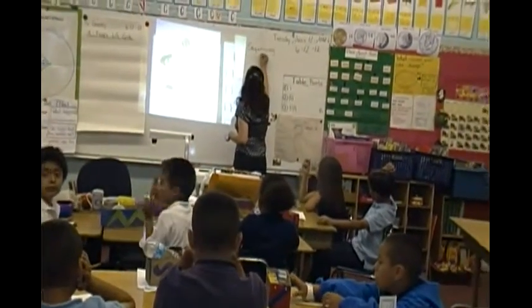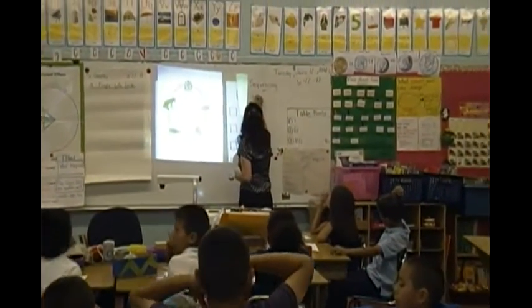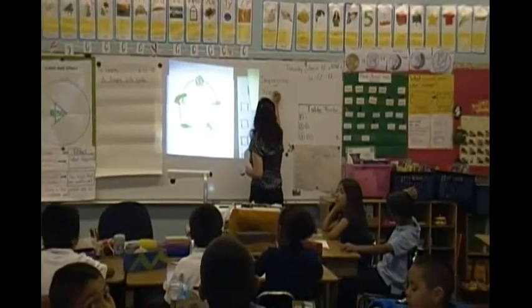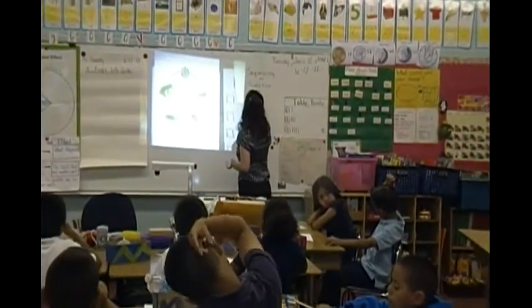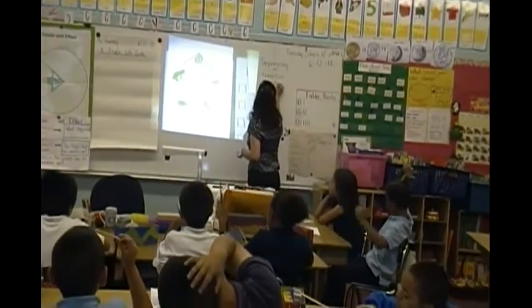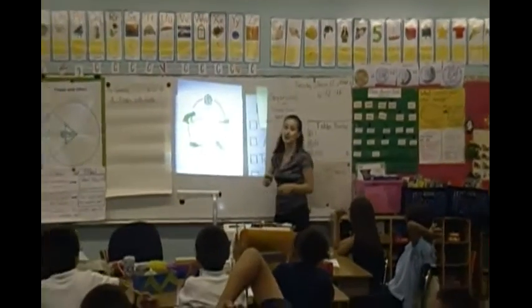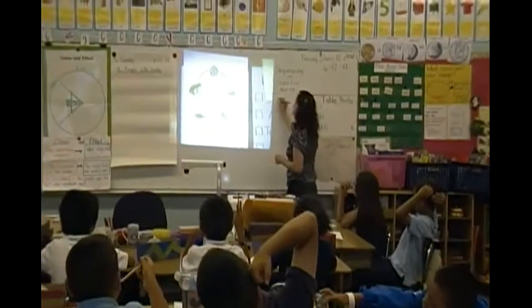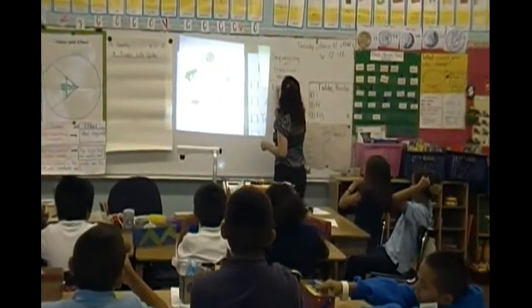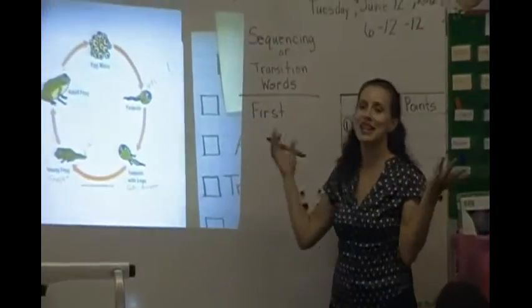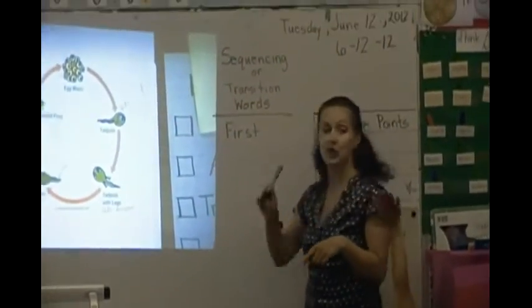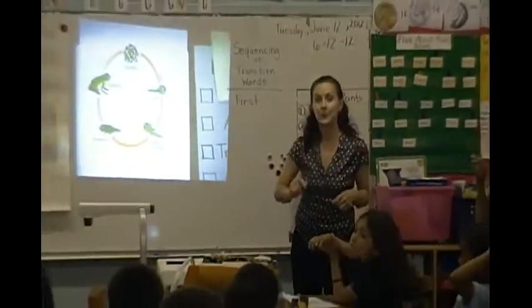What are those? We're going to learn about them. If I give you a hint, you'll be able to come up with a lot of them. This is my hint. First. Now, who can think of another sequencing or transition word?